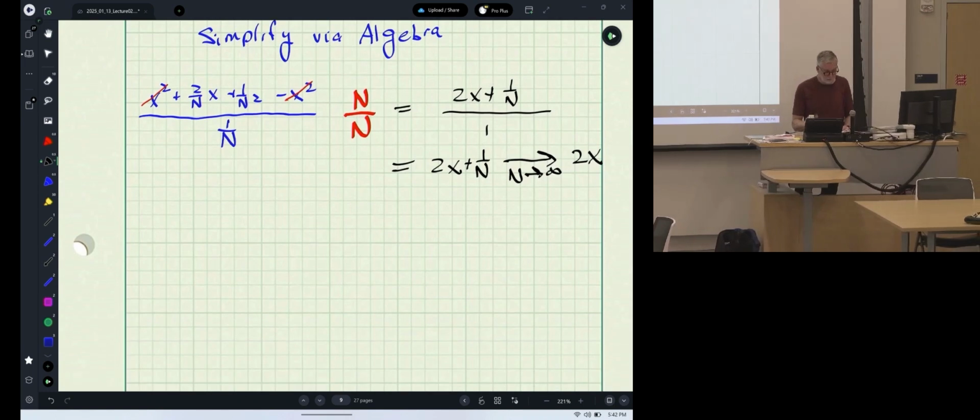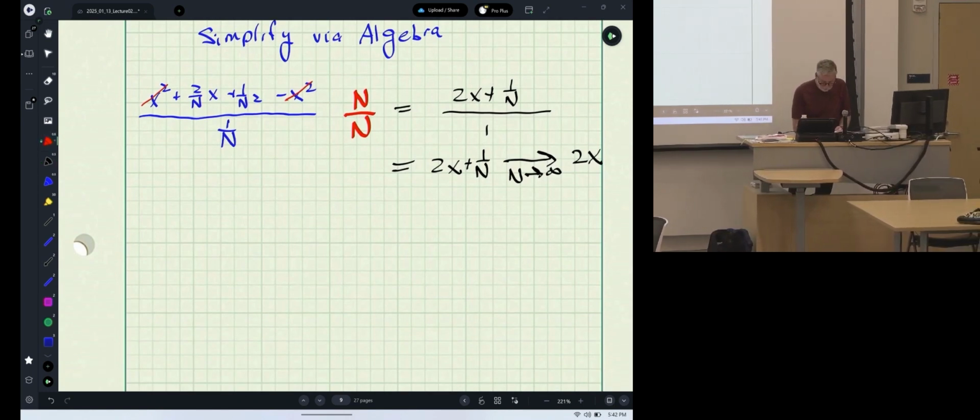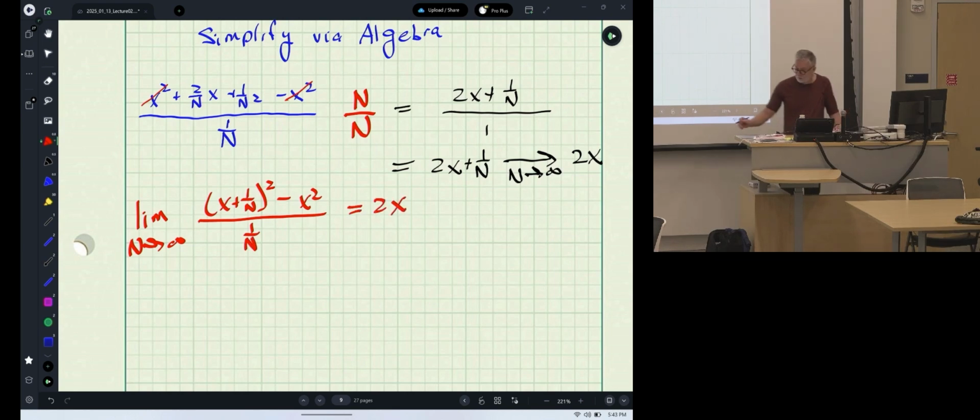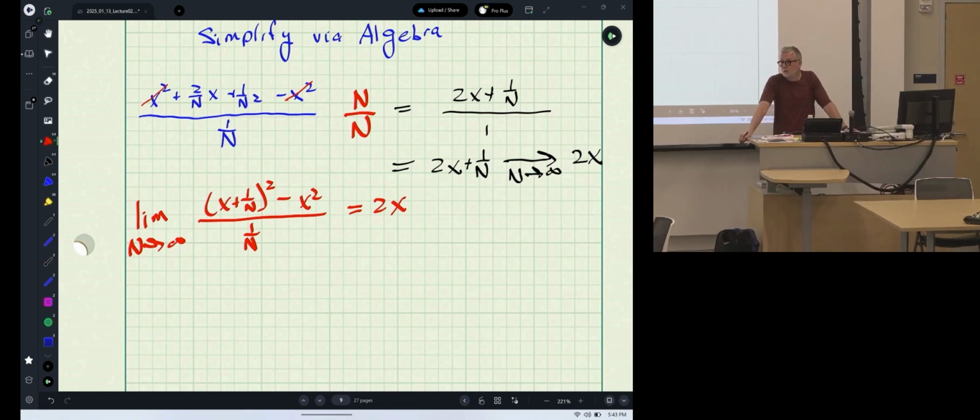Okay, so you just expand out, and then you can apply the results. And so I'm going to write it down like this. Limit as n goes to infinity of (x plus 1 over n) squared minus x squared, over 1 over n, equals 2x. So for those of you who have had Math 115, what did we just do?